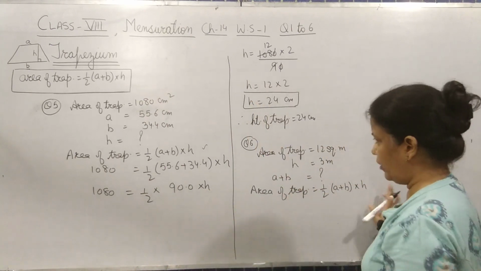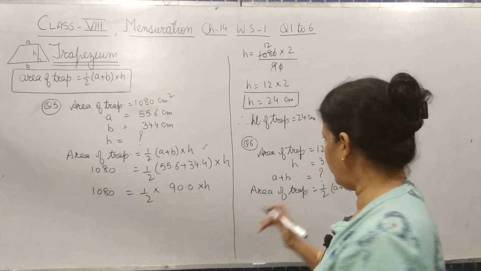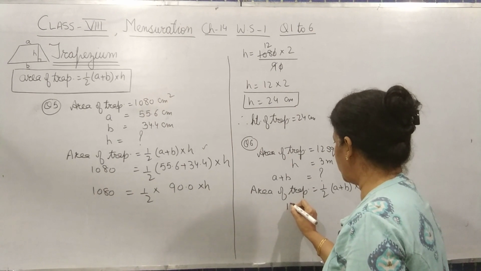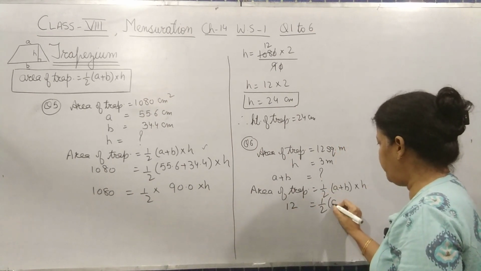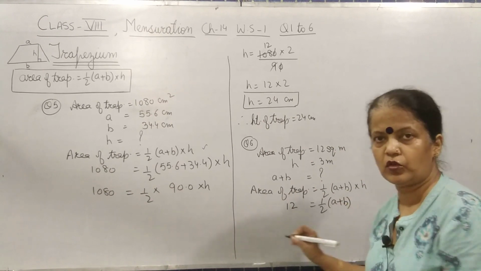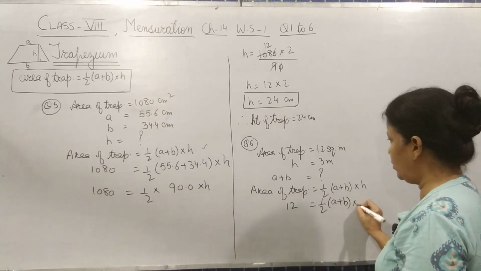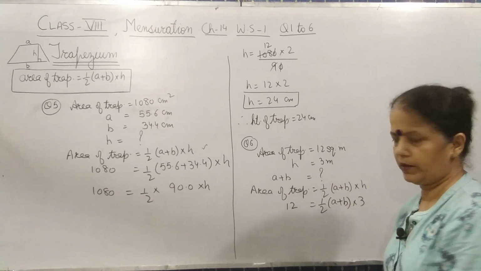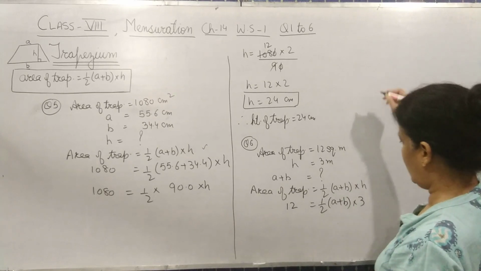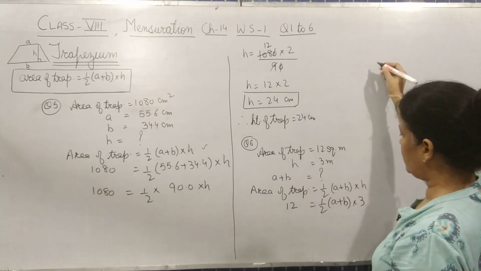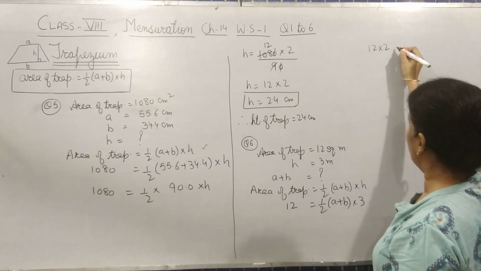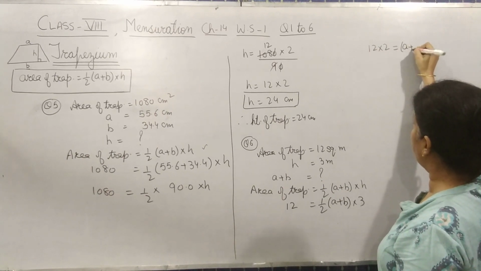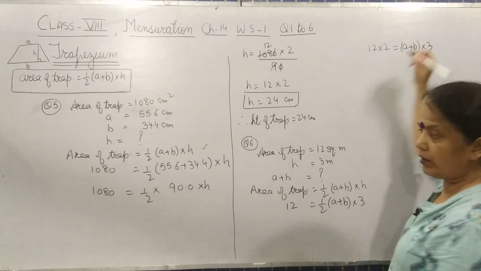Okay. Now in this identity, again we will substitute the values. 12 equals half. A plus B you have to find out. So you will keep it as it is into H. H is given 3. Clear? Now from here, cross multiply it. 12 multiplied 2 equals A plus B into 3.